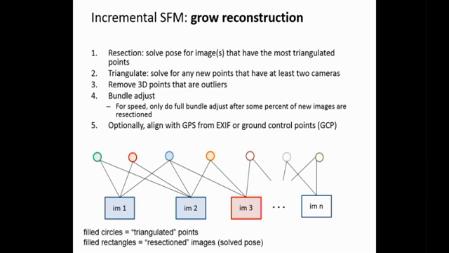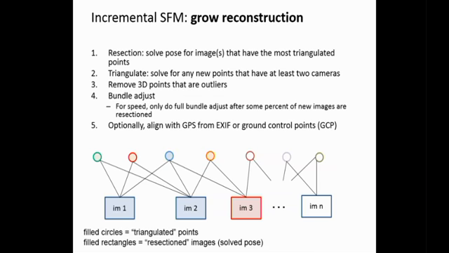Then sometimes you want to try to align your points to some world frame. Remember that all of structure from motion can only solve for points and cameras up to some kind of similarity transform, even if you have the intrinsics.